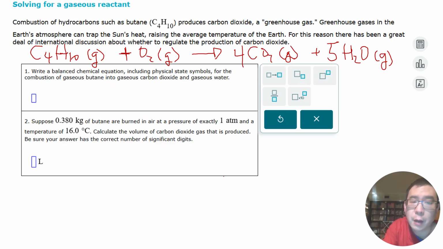So 13 over 2 oxygen. Now, if you pause this and you count everything up, you'll see that should work, but I don't like to have the over 2, right? So I'm going to double everything. This one becomes a 2. This 13 over 2 becomes a 13.